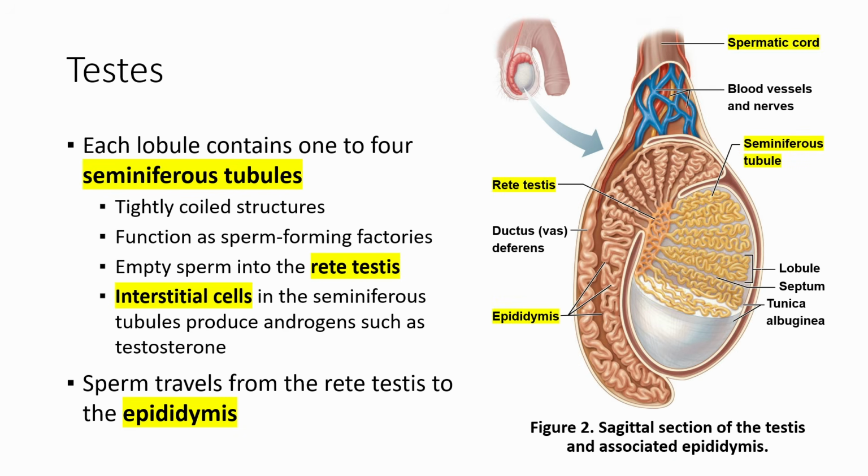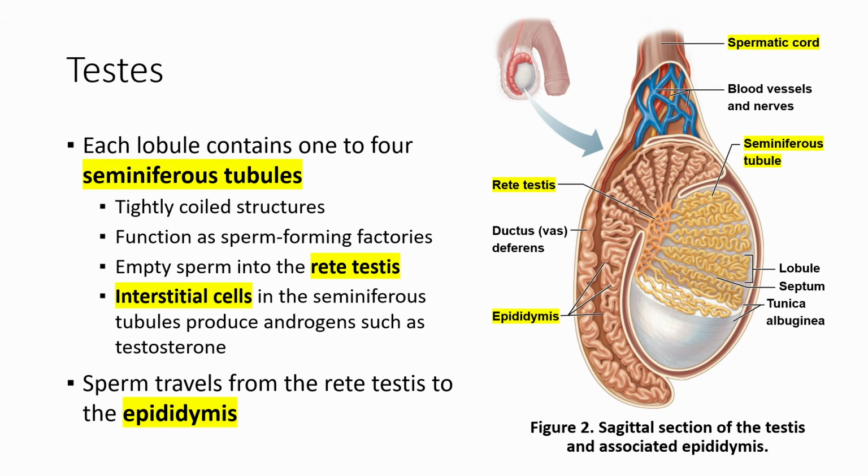Inside the testis, you have lobules that contain your seminiferous tubules. It is in here where sperm are produced and developed. The particular cells involved in the production of testosterone are the interstitial cells.